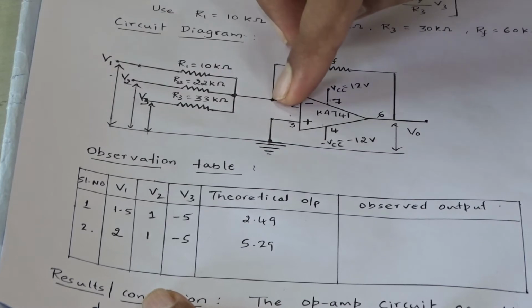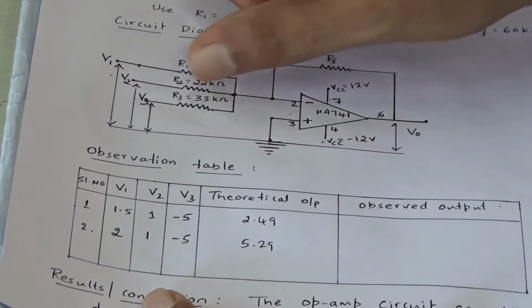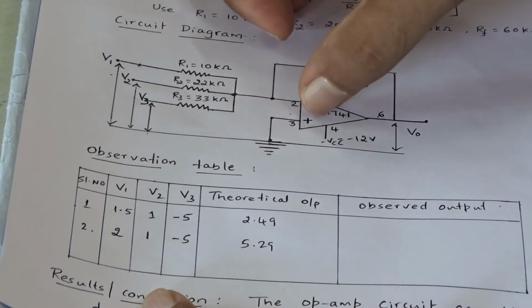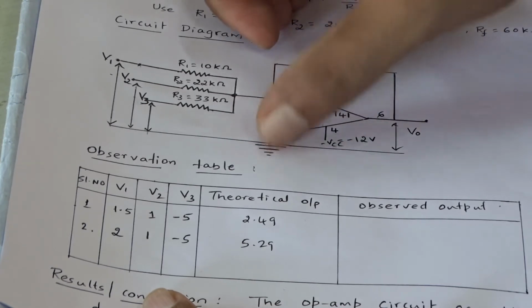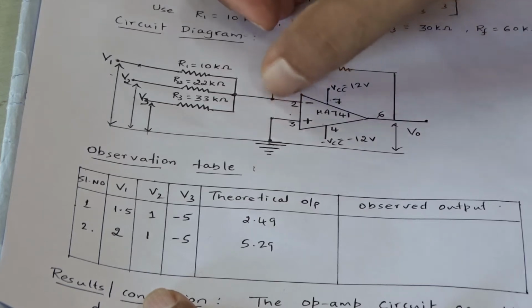So V1 minus VA divided by R1, similarly V2 minus VA divided by R2, and V3 minus VA by R3. Here the voltage at the inverting terminal is 0, because the non-inverting terminal is connected to ground, and because of the virtual ground concept the voltage at the inverting terminal is also 0.